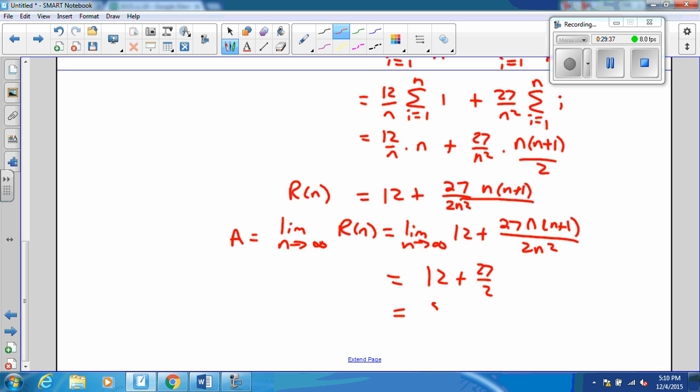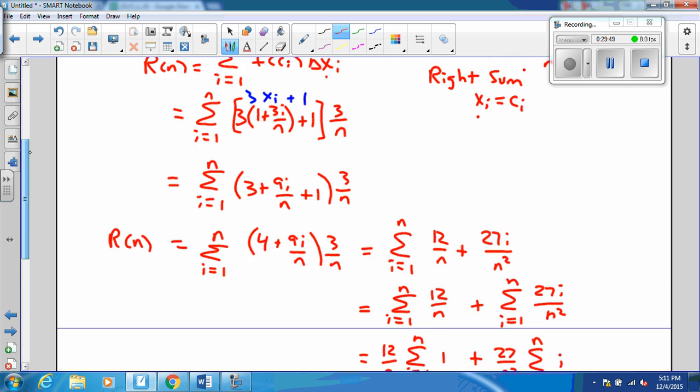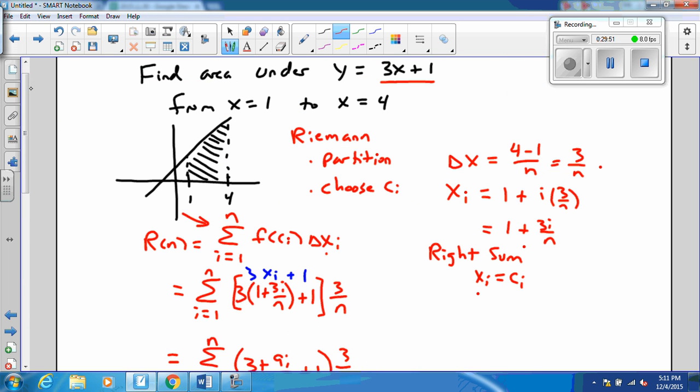And you can see pretty easily that that's going to be equal to 12 plus 27 over 2. Or if I would write it as a single fraction, then that would give me 51 over 2.